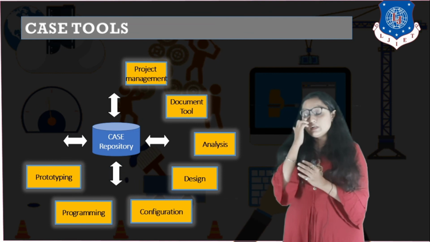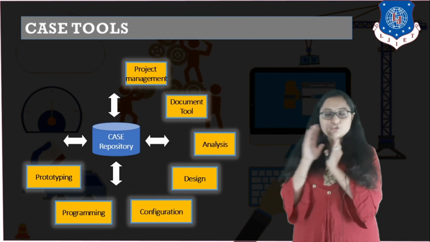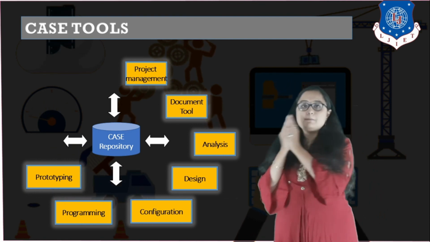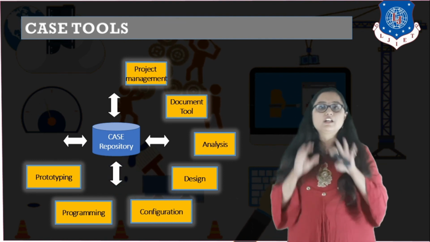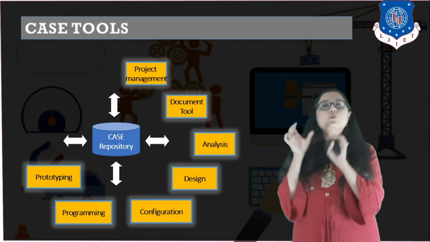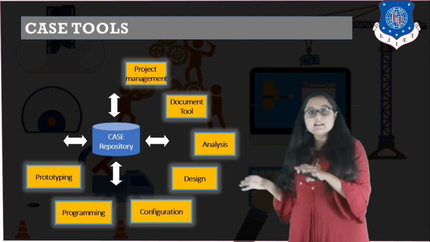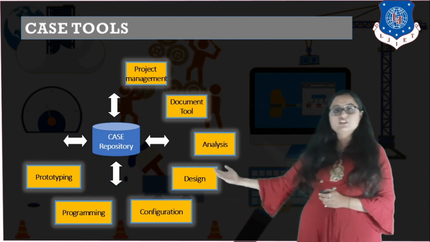For example, if you are developing a website, you may use this prototype tool to see how navigating from one page to another will look, what web components you will use in a particular page, how my about us page will look, and what content I will use in it. All this simulation can be depicted using a prototype tool.